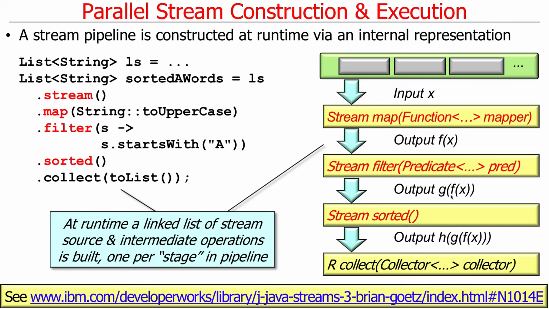There's one node in the linked list for every stage in the pipeline of intermediate operations. Internally, there's a data structure used to represent each of these different kinds of intermediate operations, and it simply makes a linked list of these things. That's kind of cool, and you can read more about that at this link.